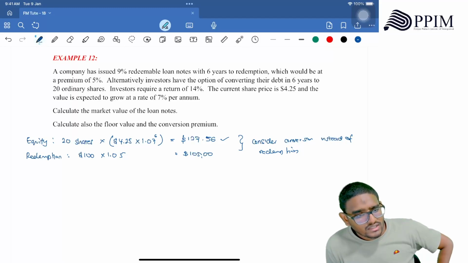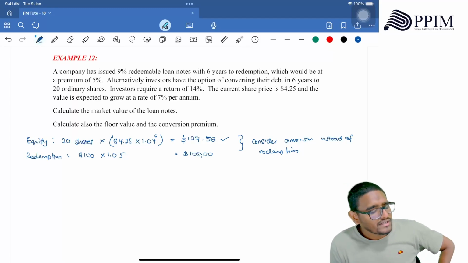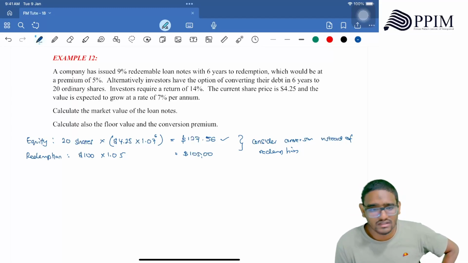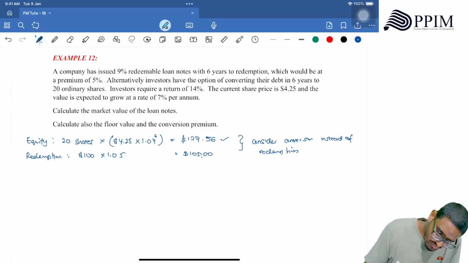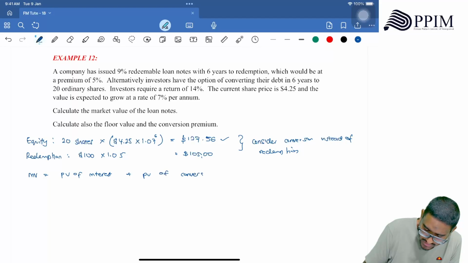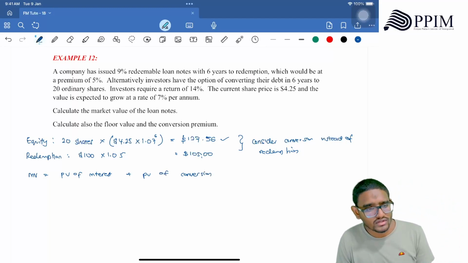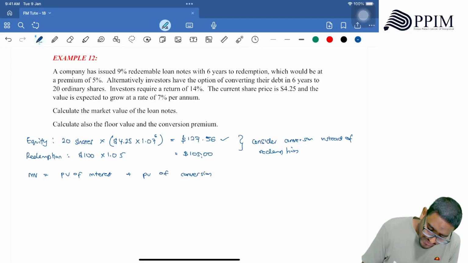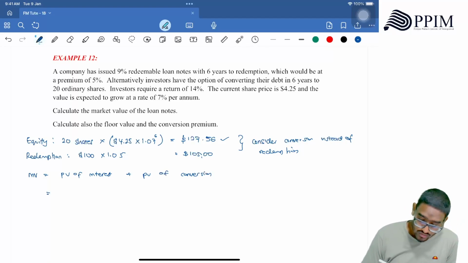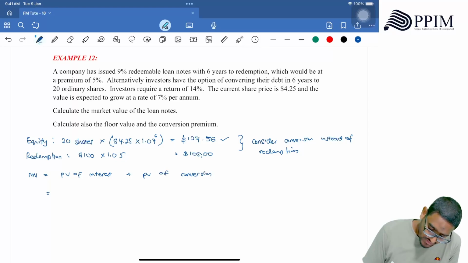Then I told you to calculate the market value. How do you calculate the market value? Present value of interest and present value of redemption, but this is conversion, right? So market value will be equal to present value of interest plus present value of conversion. So present value of interest is how much? You are paying 9% interest on $100.